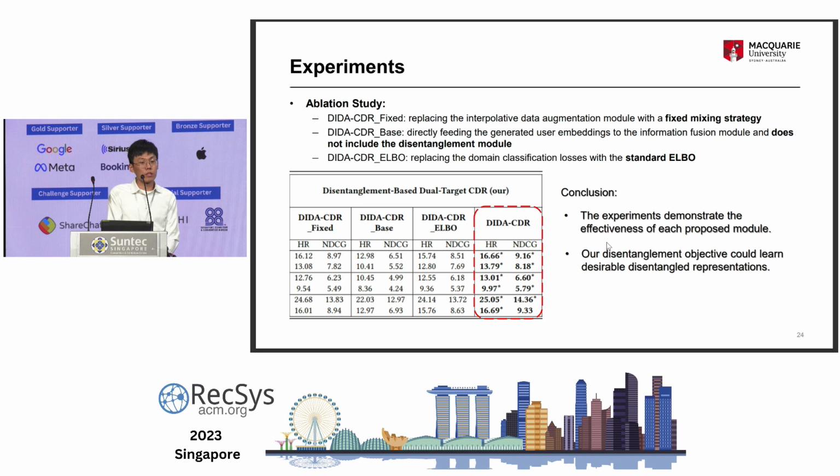And we also conduct a series of ablation studies to demonstrate the effectiveness of each proposed module, like the interpolative data augmentation and user preference disentanglement. And we also check our disentanglement objective, and we find that it could produce desirable disentangled representations.